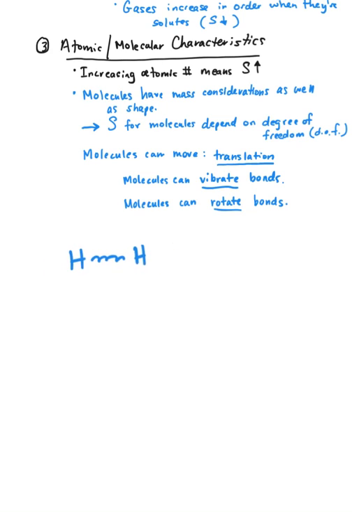It can translate. So it can move in a straight line direction, up and down, left and right, all while vibrating and rotating. So there are multiple different ways in which the degrees of freedom can be distributed for a molecule.